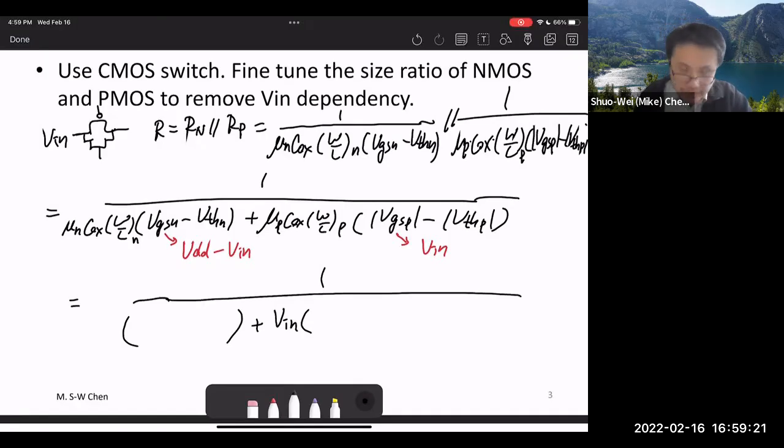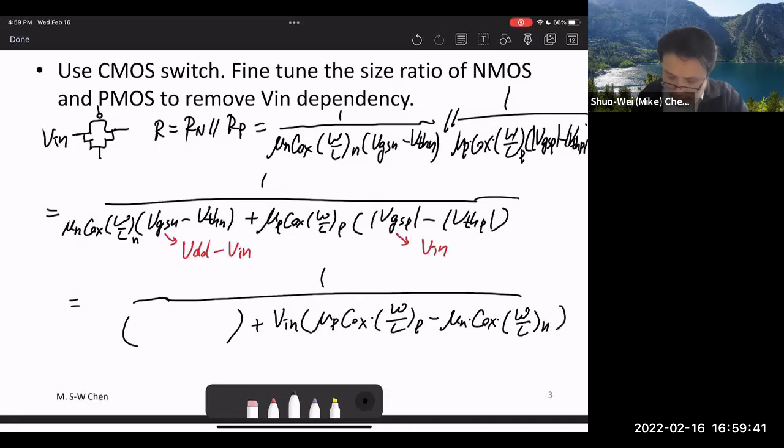Okay, so if I just factor out the V in term, I'm going to get mu P Cox W over LP minus mu n times Cox times W over L n. Okay, and like I said, you should just write the other terms on the left side, which is independent of V in.